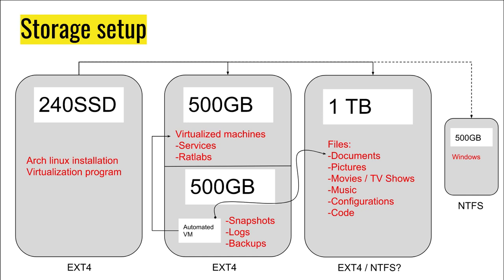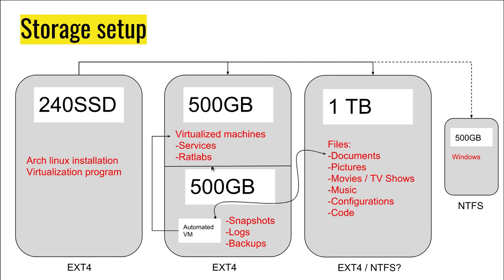And for the first partition, I will have the virtual disk images and the virtualized machine configurations. That means that over here I will have the whole virtual machine aside from the virtualization program. So over here will go all the VPS running services and the lab rats.